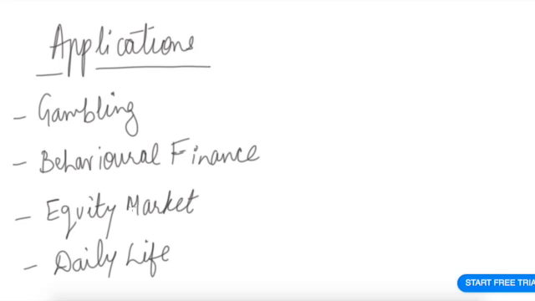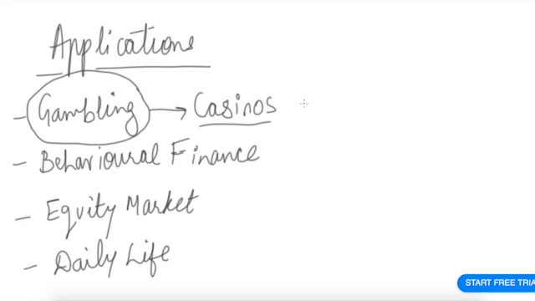Why do we need probability in our daily life? What are its applications? The genesis of probability comes from gambling. So we see in casinos, the theory of probability is very widely used.